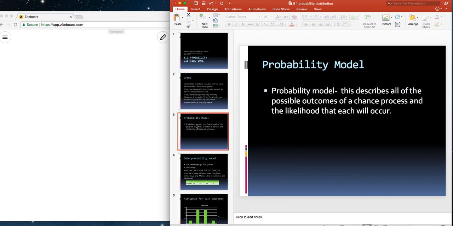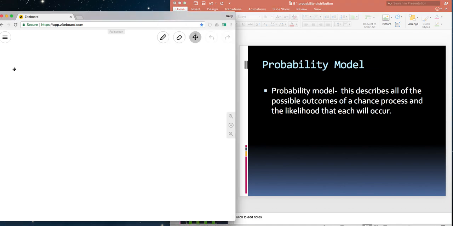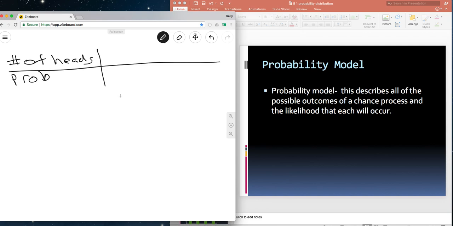occur. So if we were talking about a probability model for flipping a coin, say the number of heads, and the probability, this is normally how a probability model looks. So you could either get 0 heads if you flip a coin, or you could get 1 head if you flip a coin.